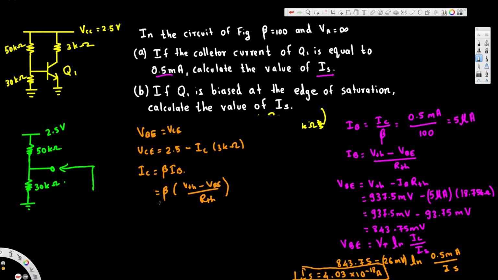Now we have this formula for IC. Now let's go ahead and plug it into this main equation. VCE is equivalent to 2.5 minus, instead of IC I plug this one, beta times VThevenin minus VBE divided by RThevenin.